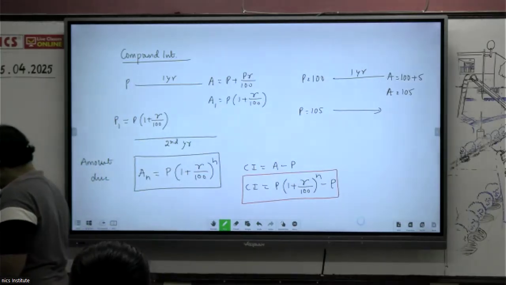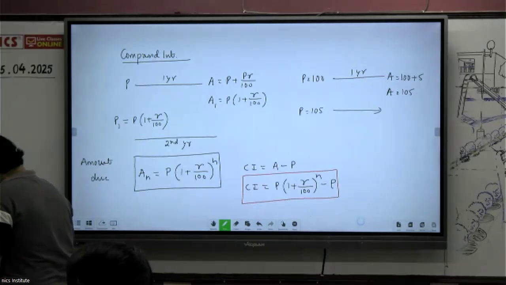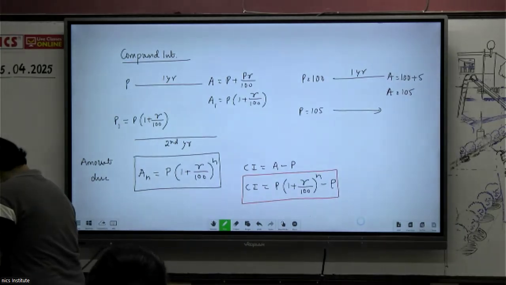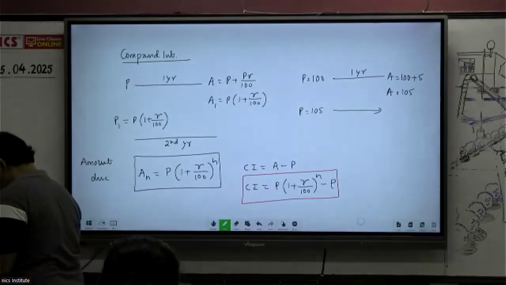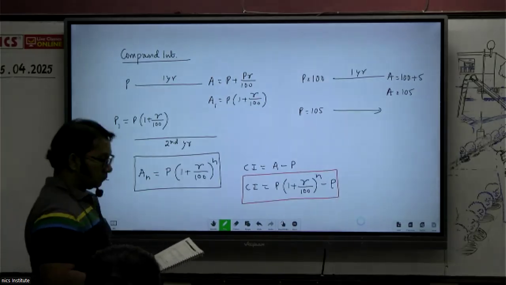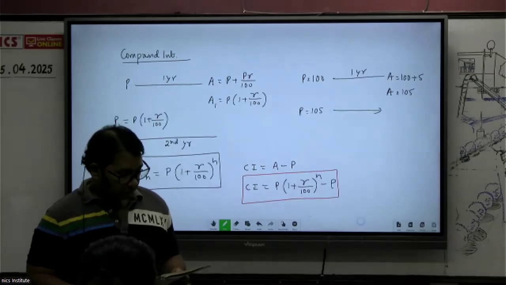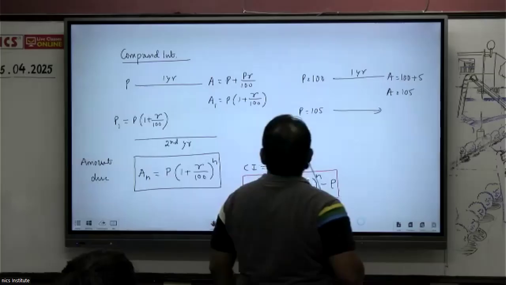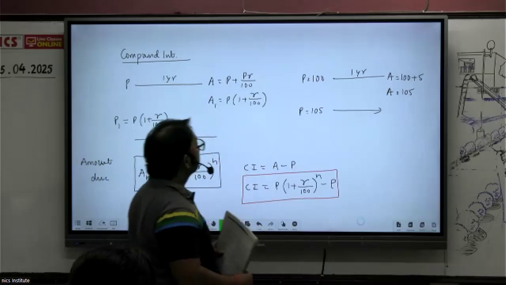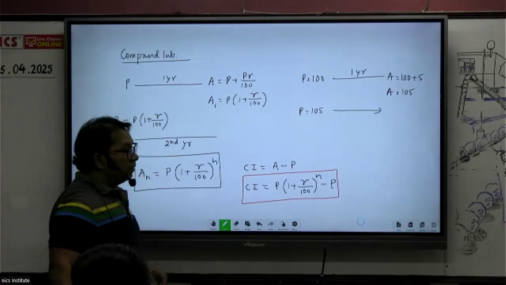Let's do questions. P is the principal, R is the rate of interest, T is the term.